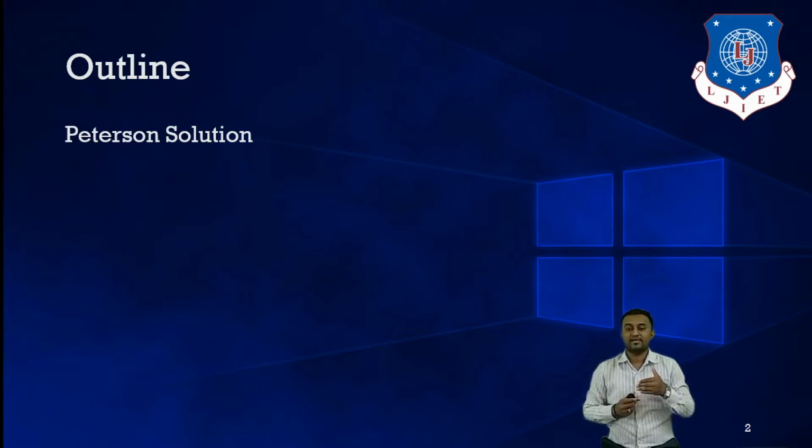So, as we have discussed earlier, in process synchronization, specifically in the critical section problem, if you want to write any solution, that solution needs to satisfy three main criteria: mutual exclusion, second one is progress, third one is bounded wait.